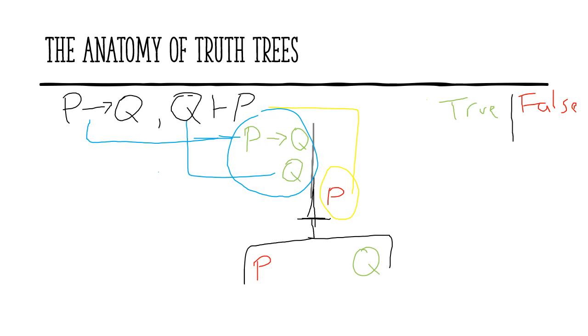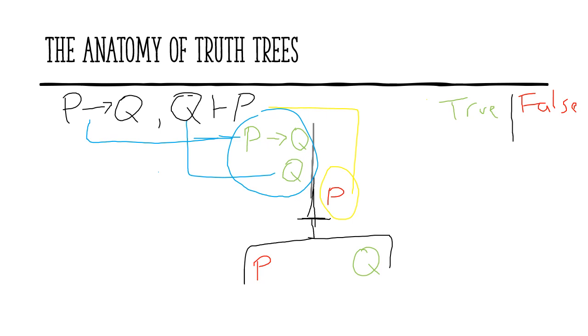Either this P is false, and what we're doing is we're breaking down this operator right here. So either the P is false or the Q is true. Again, that's not of interest to us right now. I just wanted to show you where I'm getting this from.